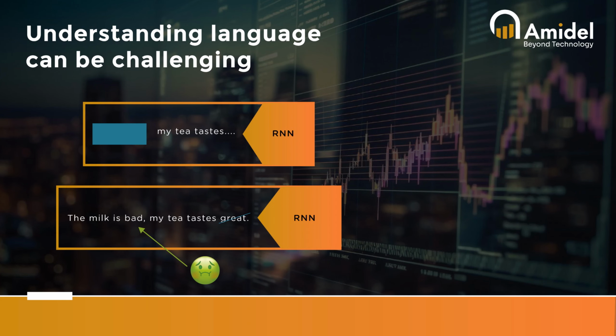So before GPT came about, like I said earlier, these models have been there, but they haven't been so great. The reason being that RNN, recurrent neural networks, was what was there, but it wasn't so great at knowing the relationships between words in a sequence. So you could give it something like my tea tastes, all right, but it wasn't so great at relating that my tea tastes with the milk being bad.